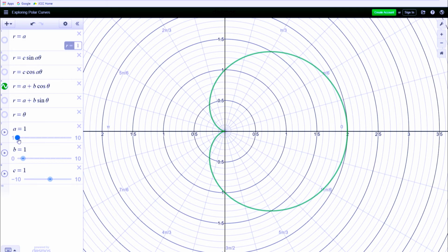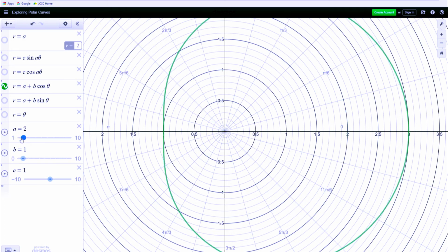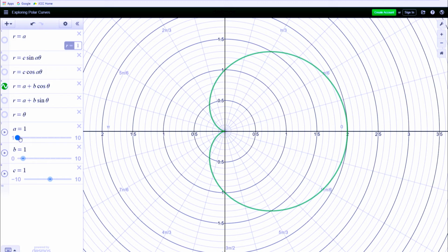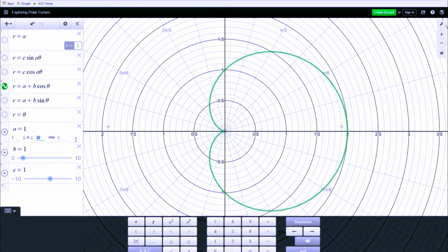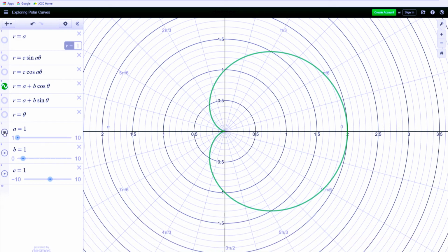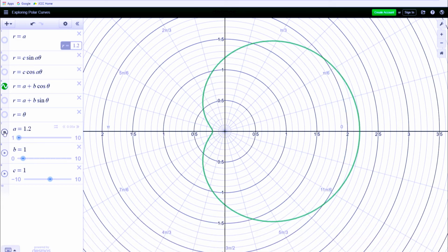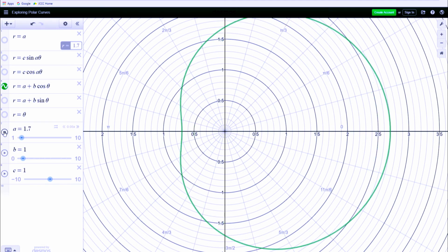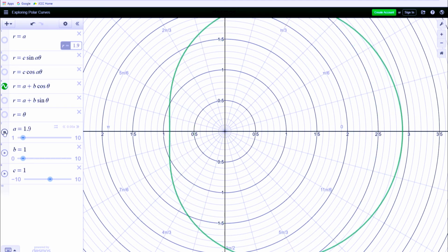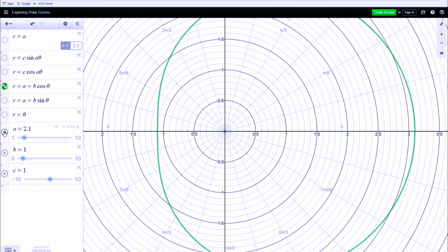If a is bigger than 1, now it doesn't make it in, right? And actually, we'll have it gradate smaller than that. Let's step by 0.1 and take a look at what happens. As a increases, that shifting up means that the smallest r ever gets becomes a bigger and bigger value.